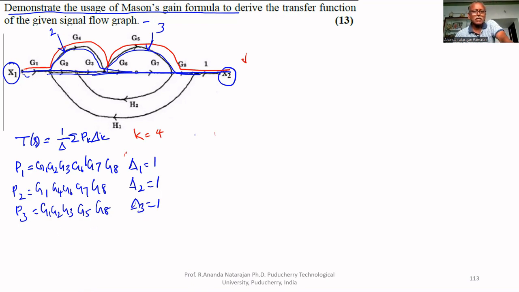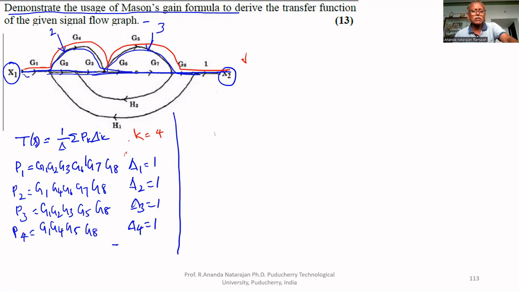Then it is there, but it doesn't have any loop. Then P4 equal to G1, G4, G5, G8, and delta 4 equal to 1.